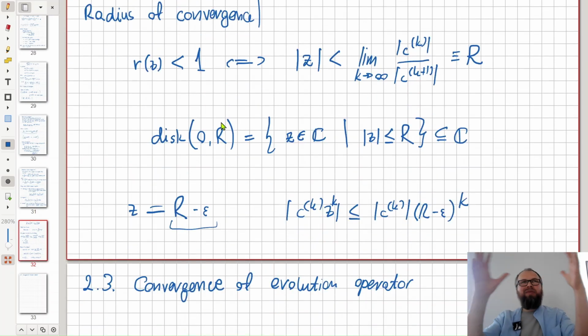Once we find our radius of convergence, then we know that we can take the derivative term by term, and everything still converges.